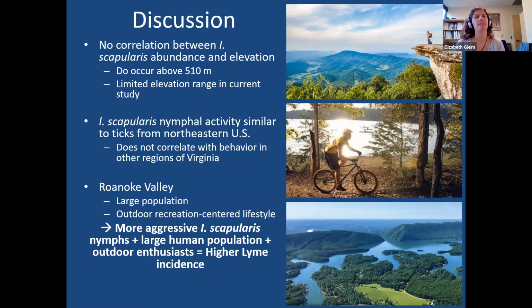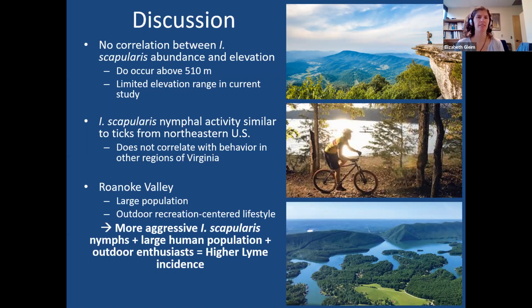The other piece is Roanoke is a city, albeit a small one. We have a fairly large population here, particularly compared to other regions of Western Virginia. And importantly, it's often assumed that in urban areas you're going to be at lower risk for ticks because, A, there's just less wilderness, B, people aren't spending as much time outside, etc. But that's not exactly the case here in Roanoke.